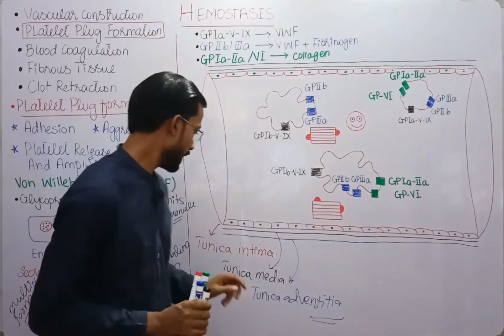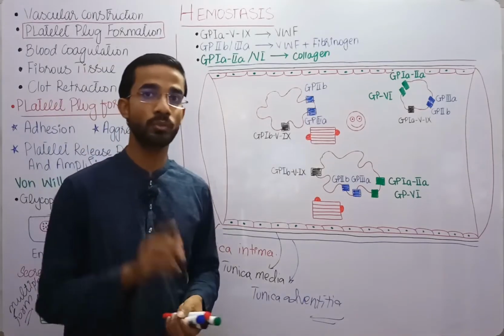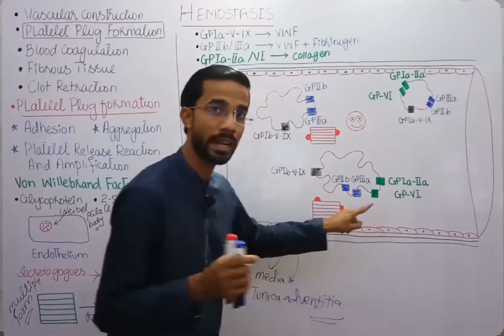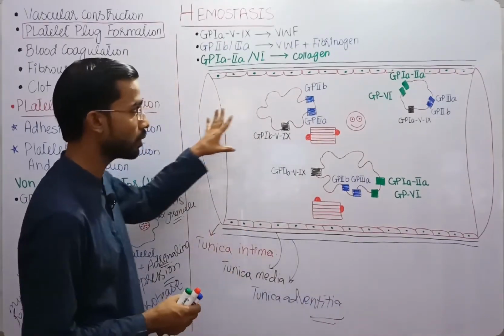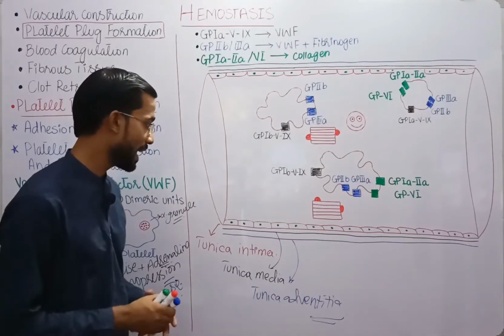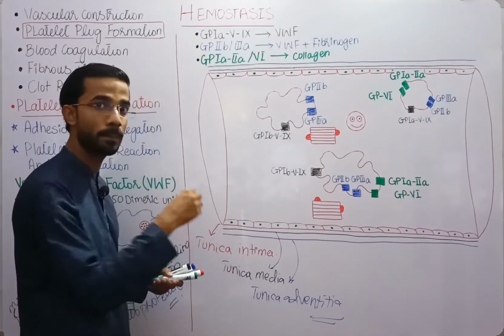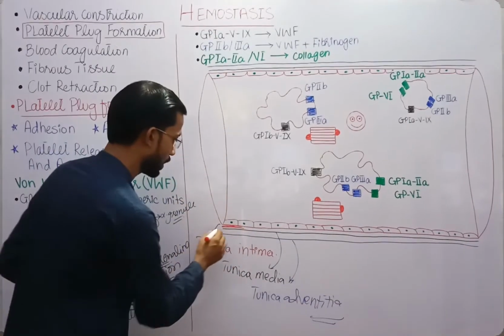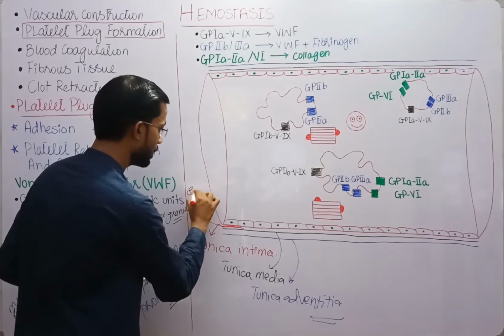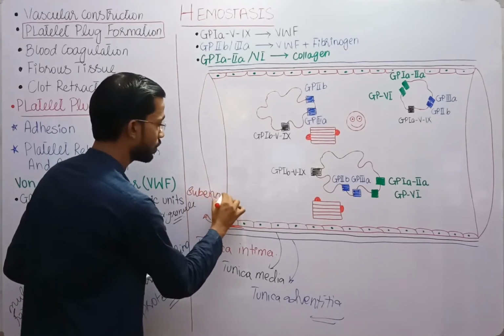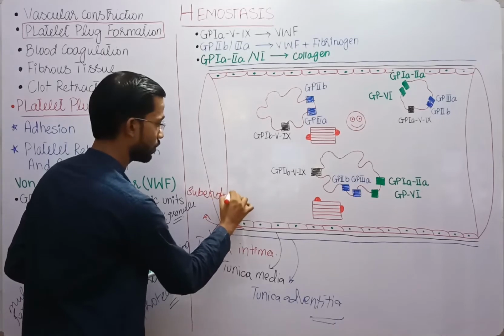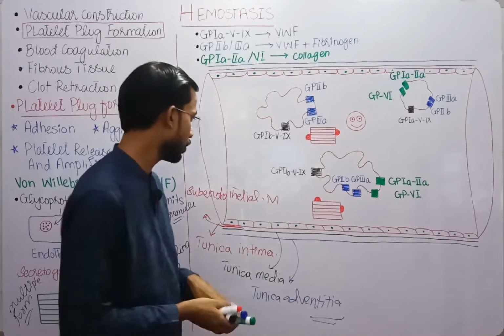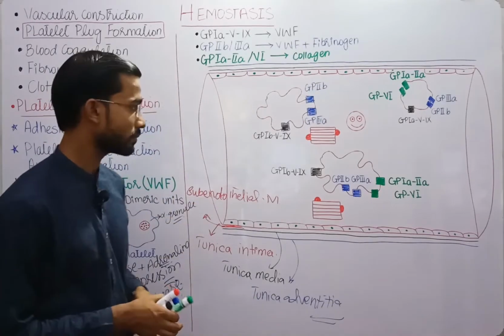As we know, the tunica intima consists of 2 layers. First one is endothelium, which is in direct contact with the blood flowing through this large blood vessel, and just below it there is another membrane which is called the subendothelial membrane, right?